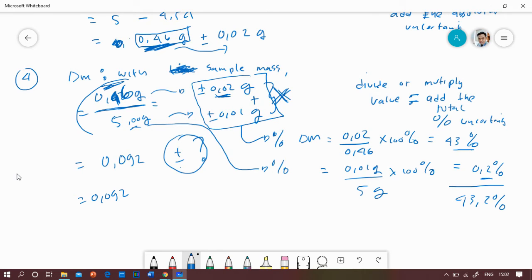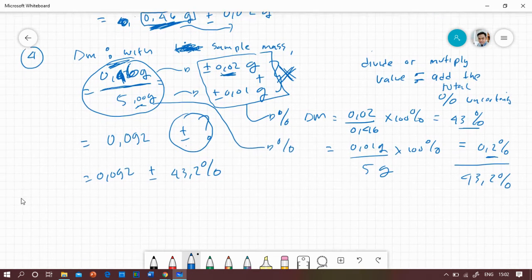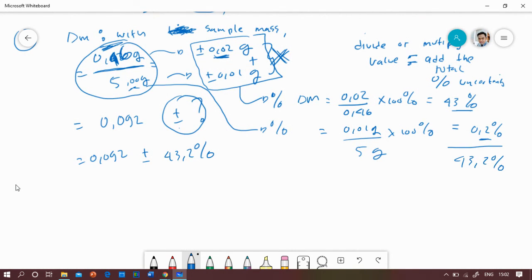So you go in here, 0.092, the result of this. The uncertainty is plus minus 43.2%. So that's the percentage. If you want to find the absolute, then you just need to take 43.2% times 0.092.